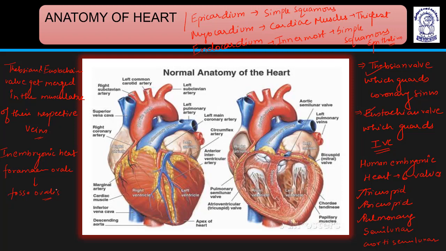In the embryonic heart, a small ductus arteriosus is also present, which connects the pulmonary artery and aorta, and which after birth is modified to the ligamentum arteriosum.